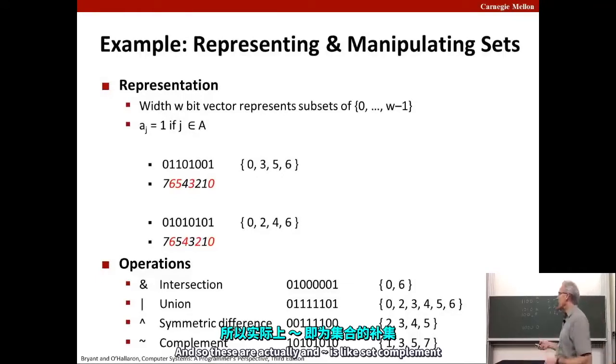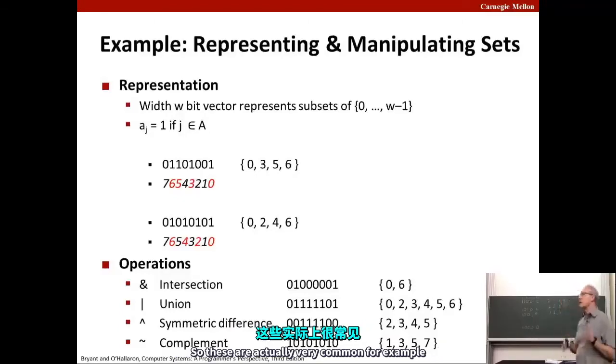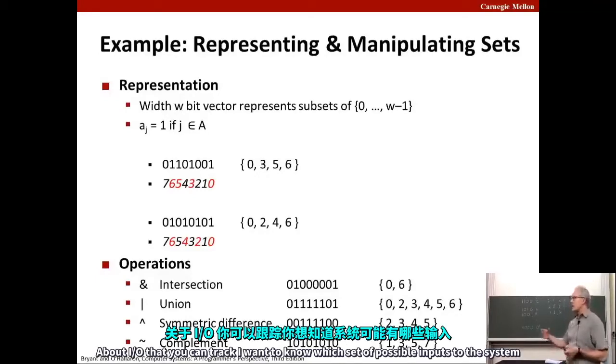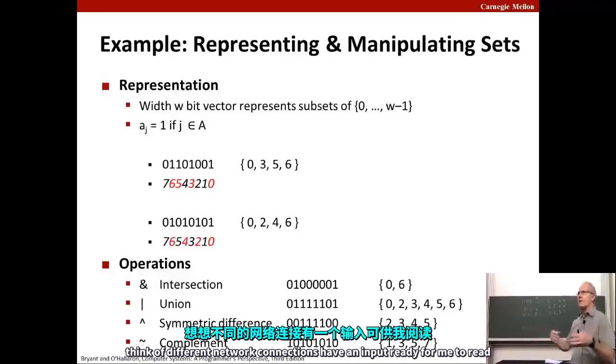And tilde is like set complement. So these are actually very common. For example, there are operations you'll learn later when we look at file I/O, where you can track which set of possible inputs to the system, think of different network connections, has an input ready for me to read.